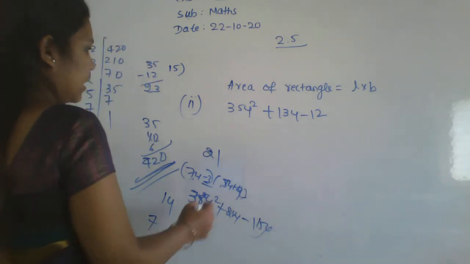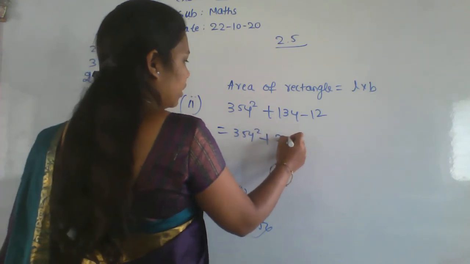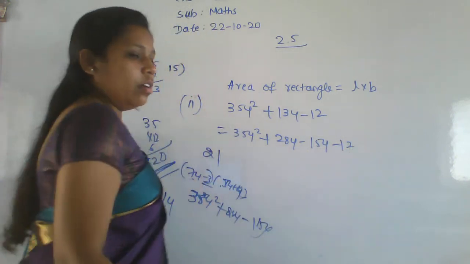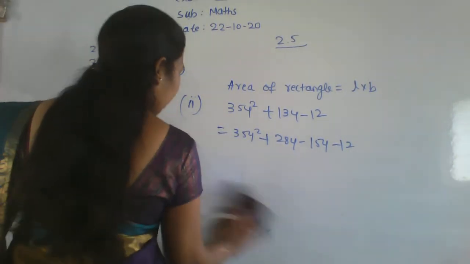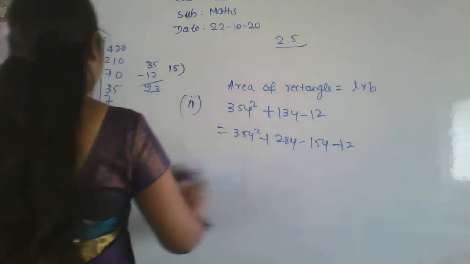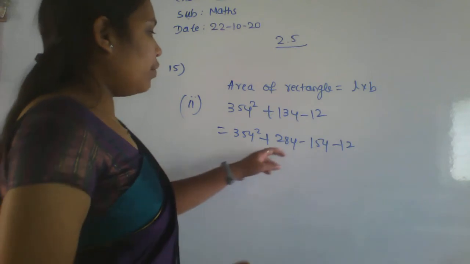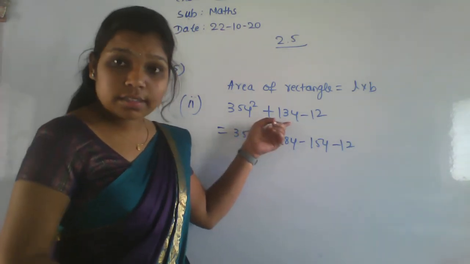So 28 and minus 15. Take here 35y squared plus 28y minus 15y minus 12. If we multiply 28 and 15, we will get the answer as 420 only. And if you subtract, plus 28 minus 15, you will get the answer as plus 13 here.